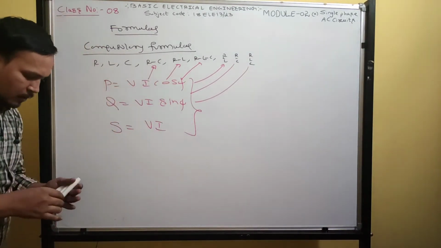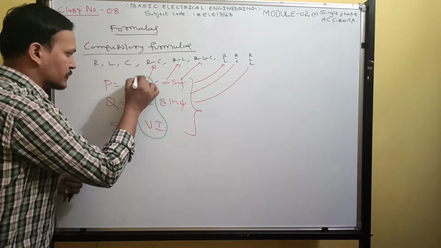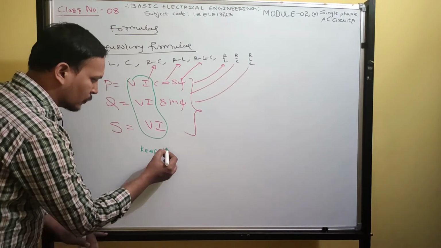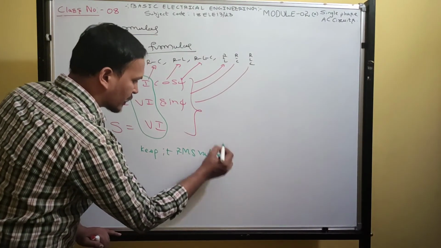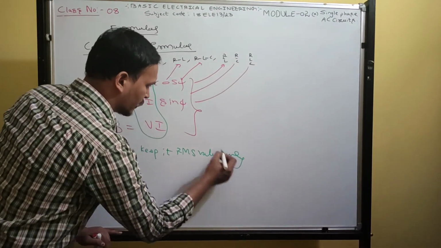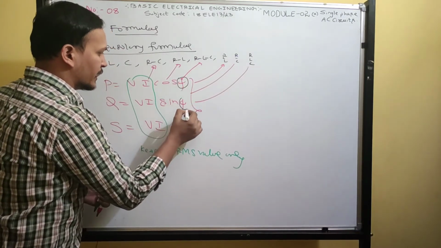While solving problems, keep in mind all these quantities, voltage and current, in RMS value only. Then what is this phi?